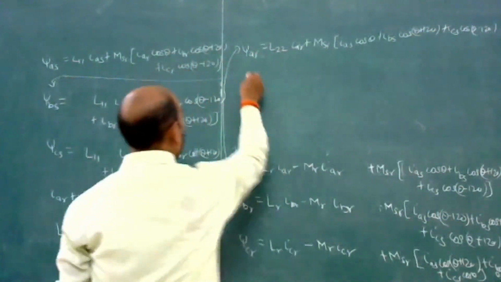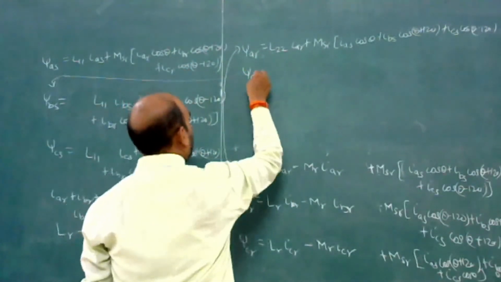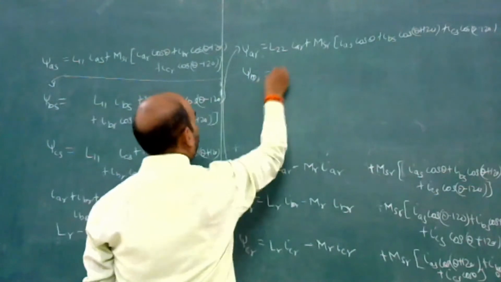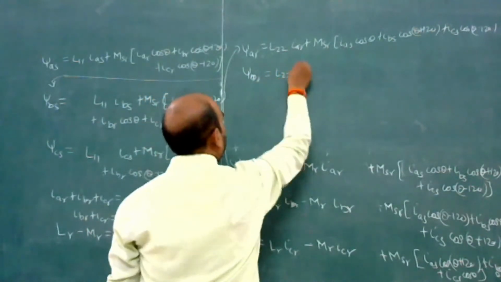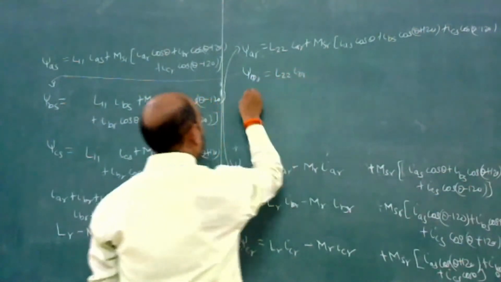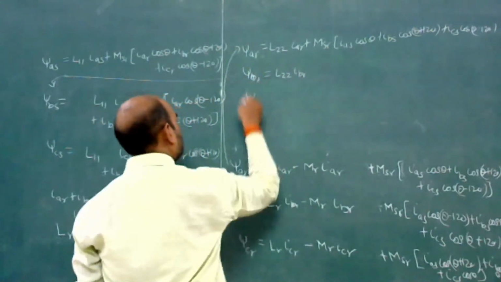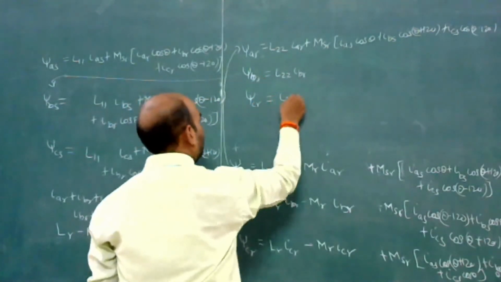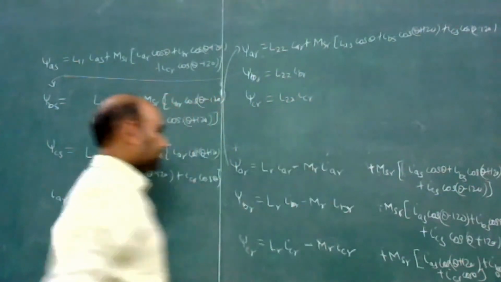Simply, you can write psi BR will be equal to L22 IBR, and for phase C this will be equal to ICR.